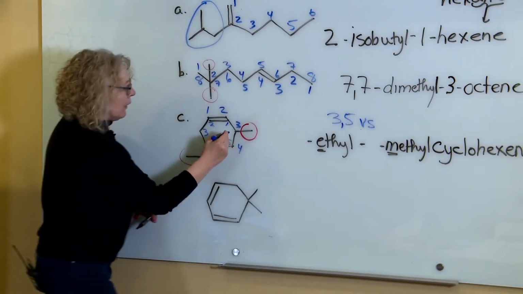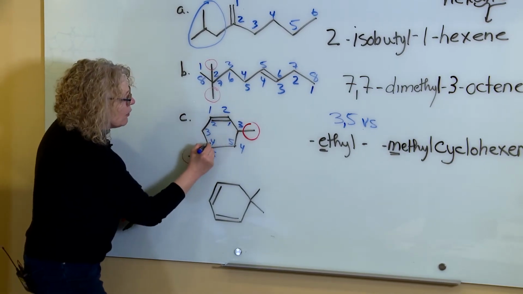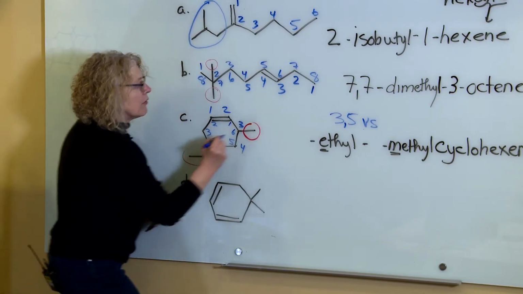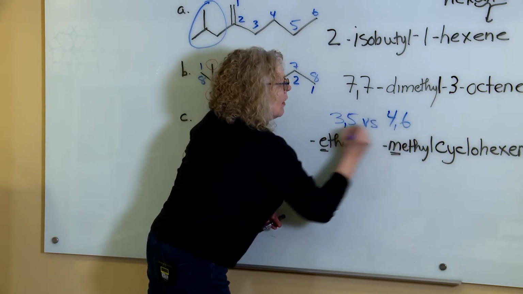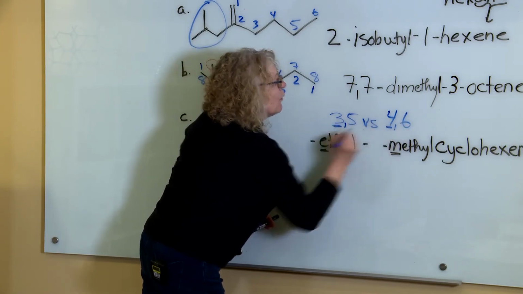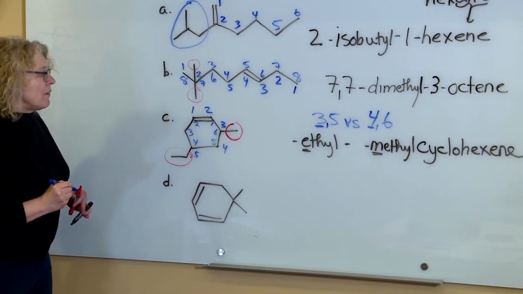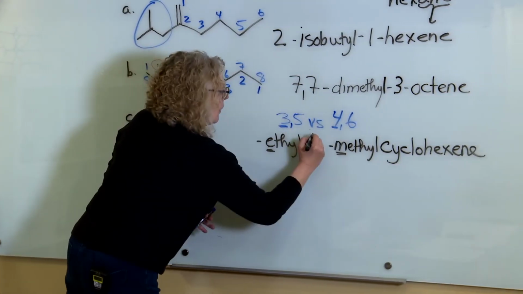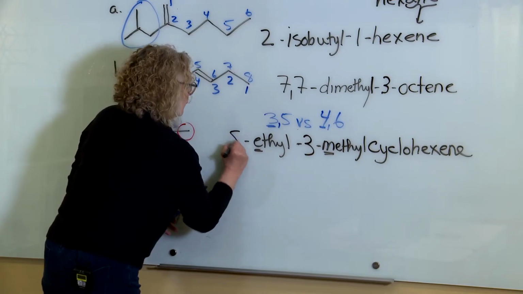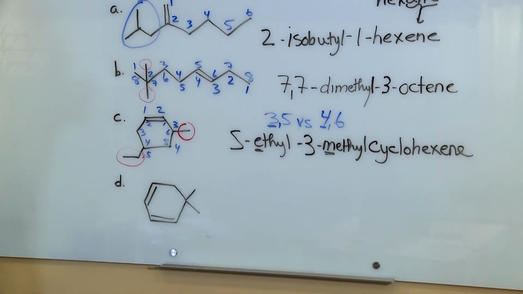When we number in the other direction, we have 4, 6. So 3 beats 4 at the first number, so this is a 3, 5 numbering. 3-methyl, 5-ethyl. So this is a 5-ethyl 3-methyl cyclohexene.